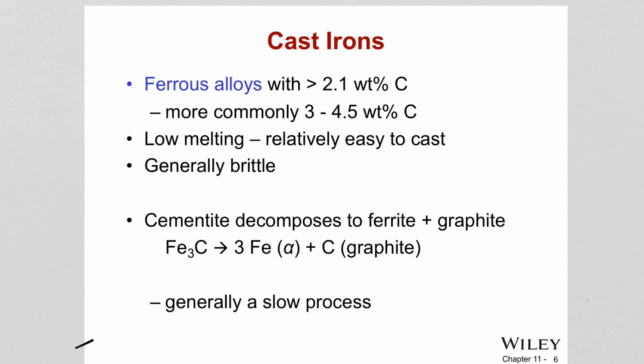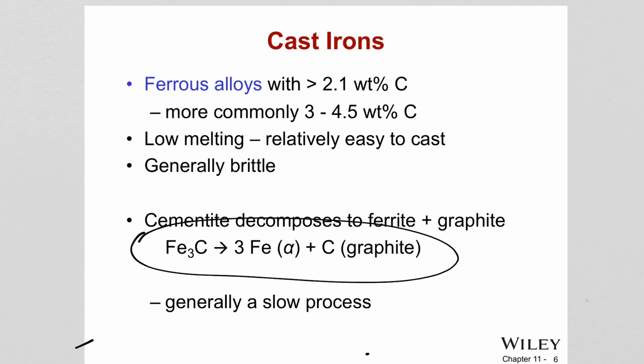As I said before, cementite is actually a metastable compound, and under some circumstances it can decompose into alpha ferrite and graphite according to this reaction that you are seeing. So this tendency to form graphite is usually regulated by the composition and rate of cooling, and it is also promoted by the presence of silicon other than carbon.